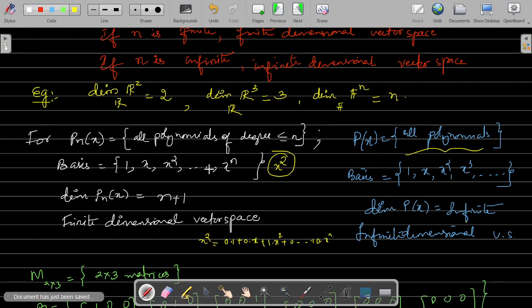In other words, that is the definition of a basis. Hence, dimension of Pn of x is equal to n plus 1. It's an example of a finite dimensional vector space. See, both are sets of polynomials, but here there was a specification of degree less than or equal to n. Here there is no specification, hence this is infinite dimensional, this is finite dimensional.